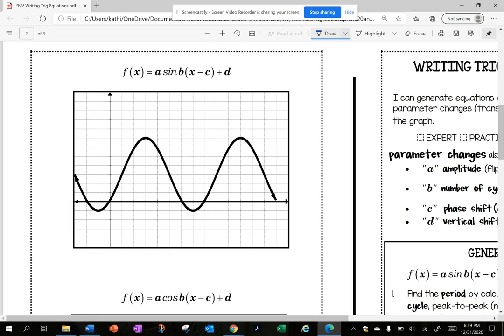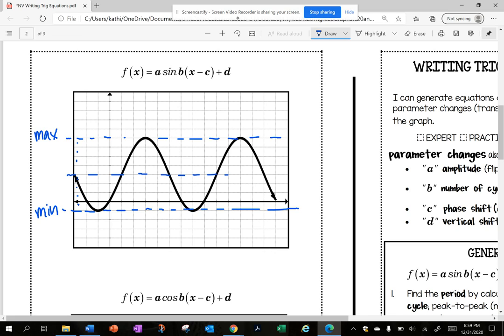So again, I like to kind of just sketch in my maximum, my minimum, and my wave axis halfway. So here's my wave axis. So my period is from peak to peak. So here's my period.